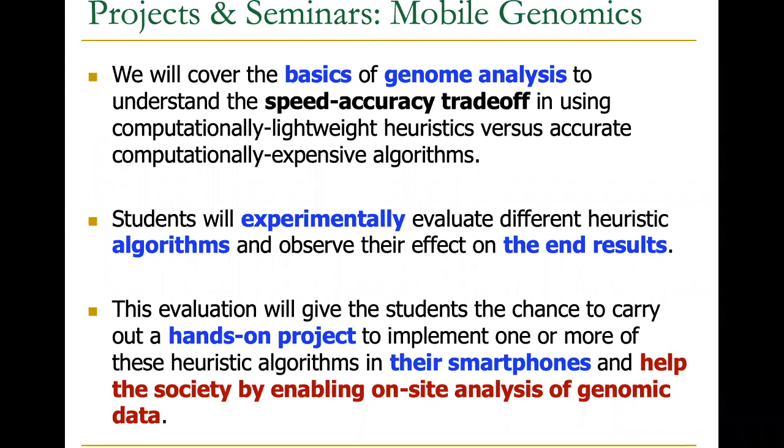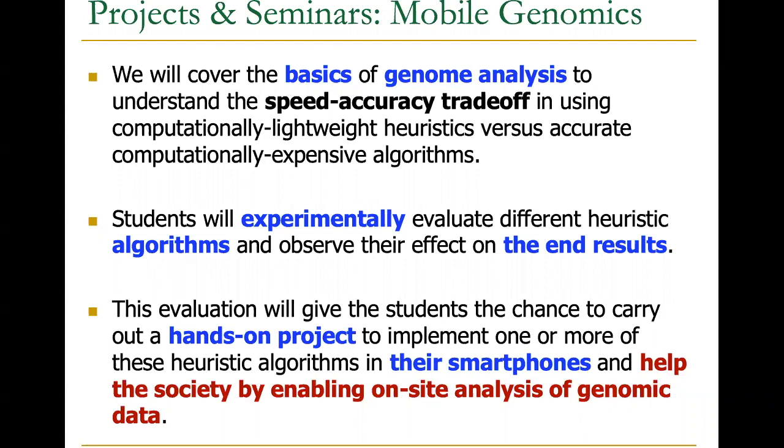So we will teach you the things that you need to understand, the speed-accuracy trade-off in using computationally lightweight heuristics. And why we need computationally lightweight, you may guess, is because these portable devices normally have a lot of constraints about energy, speed, storage, and so on.